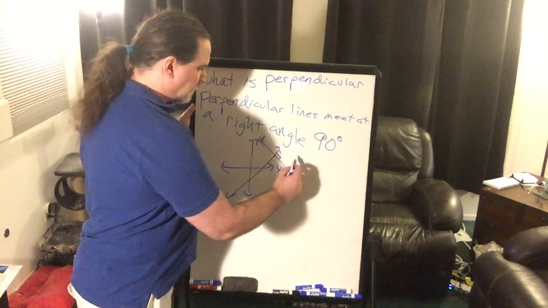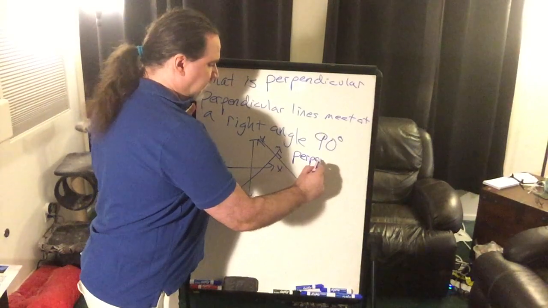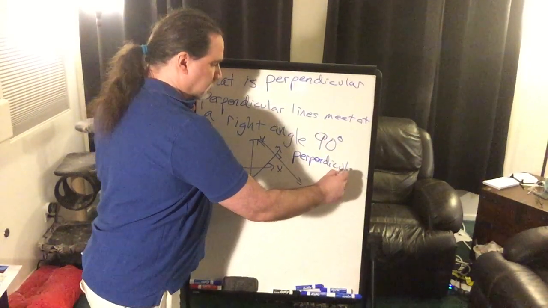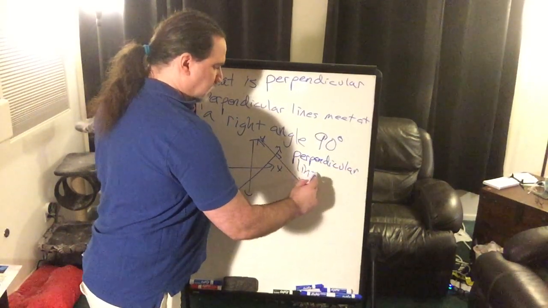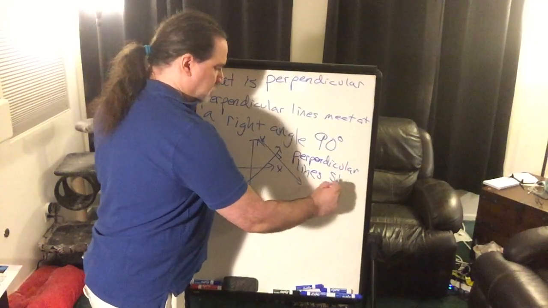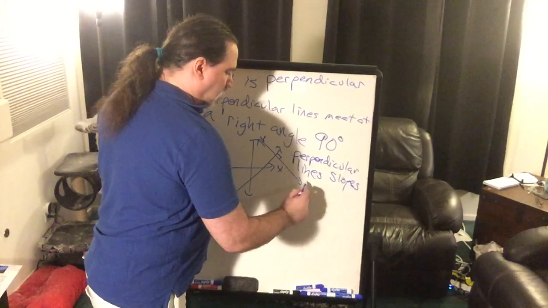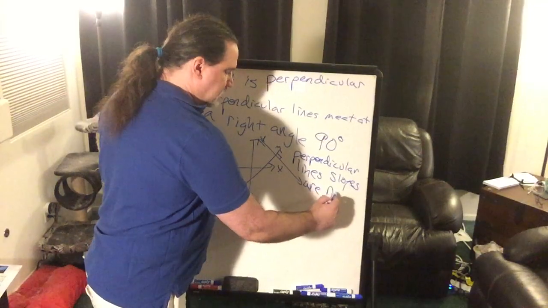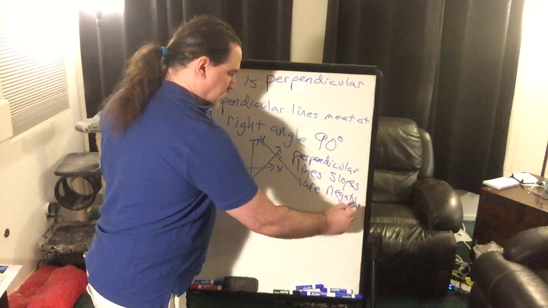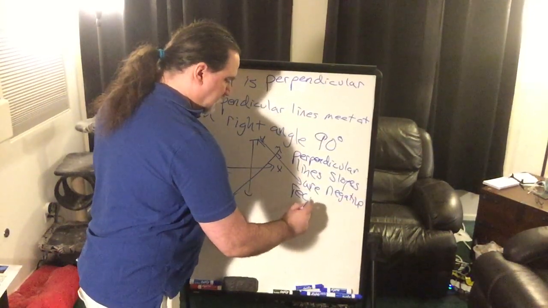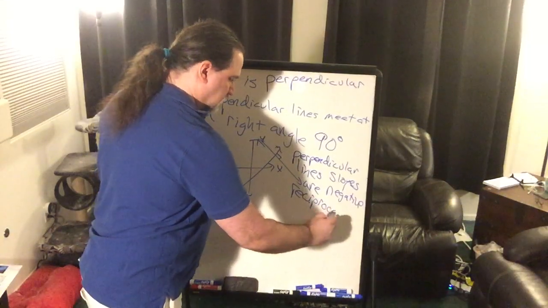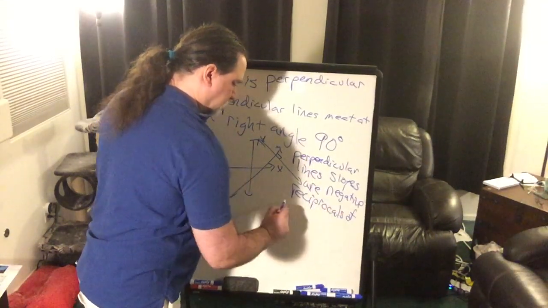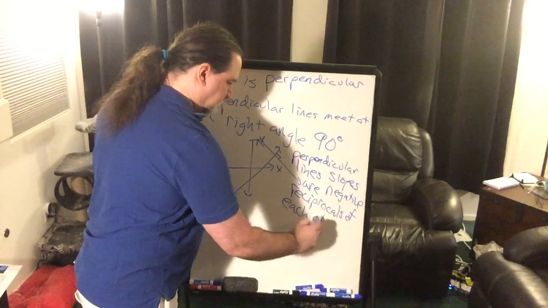Okay? So perpendicular lines' slopes are, here we go, negative reciprocals of each other.